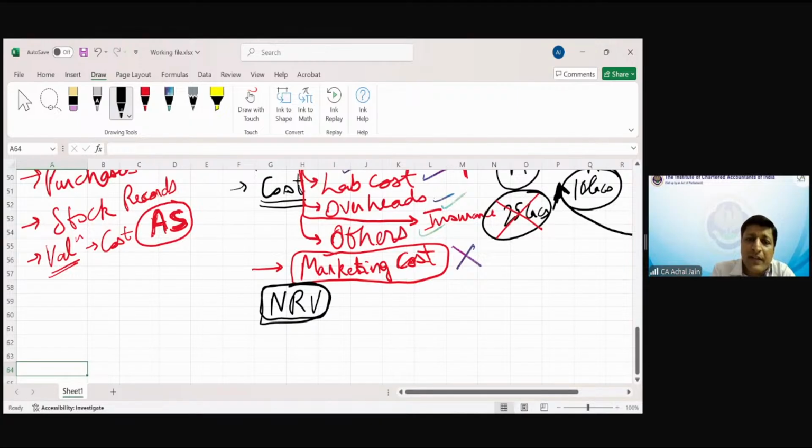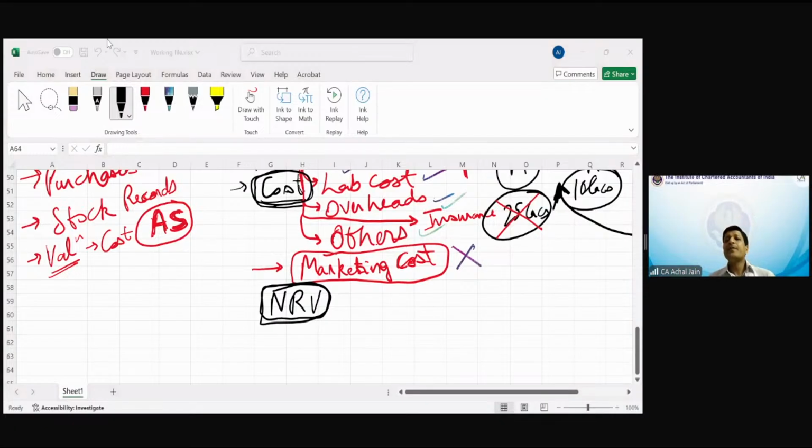Now, if we look at the requirements of accounting standard on inventory, what does it require in terms of its valuation? Can somebody explain? What is the valuation criteria? What is the valuation methodology? Over to you quickly. Very good. Almas says cost or NRV, whichever is lower.